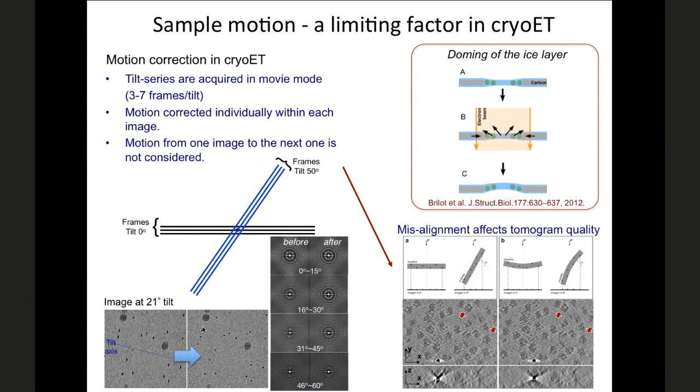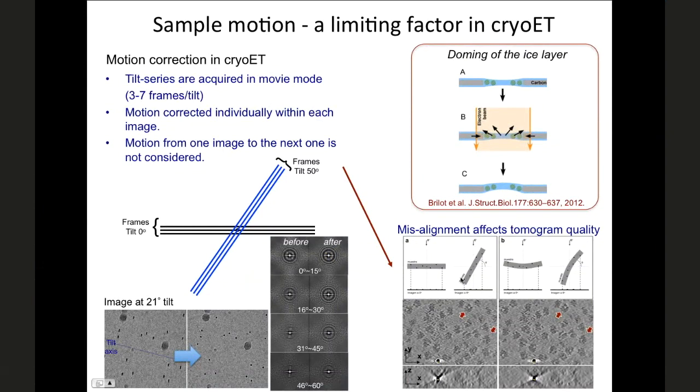In cryotomography, this motion correction is applied individually within each tilt. At each tilt, a movie is taken, we align the frames, and we restore the high resolution information at each tilt individually. However, the deformation that the sample may undergo from one tilt to the other is not yet fully considered.